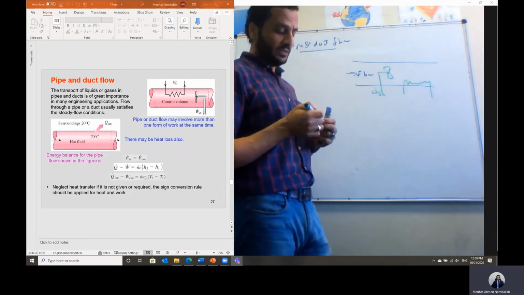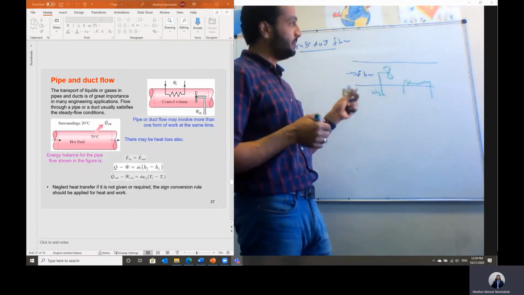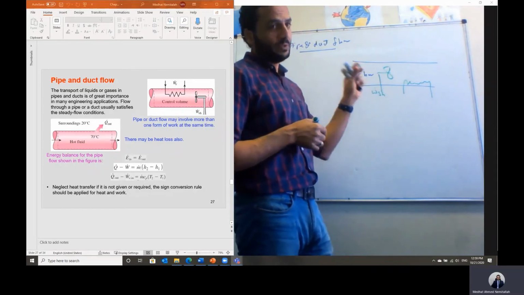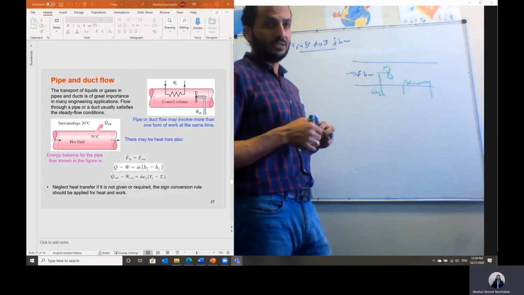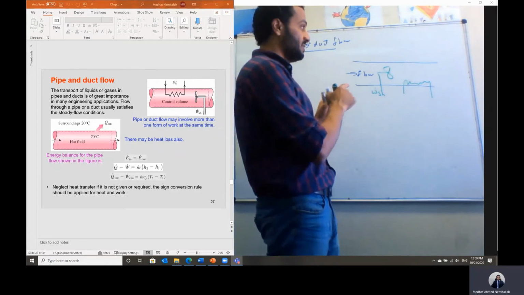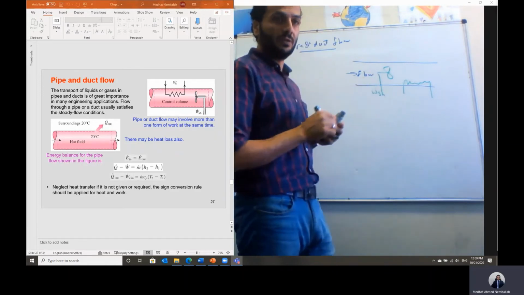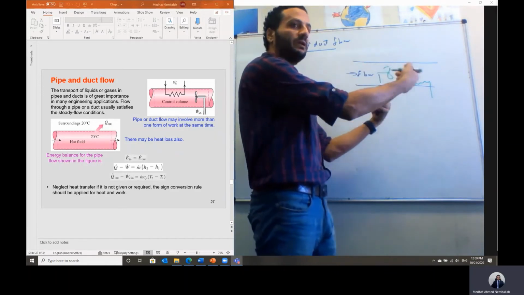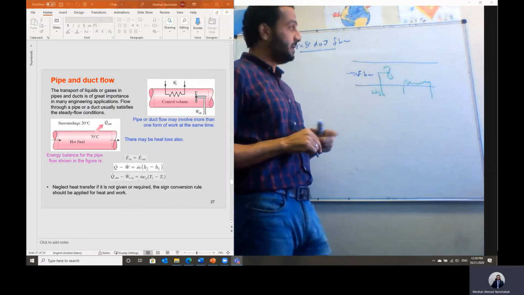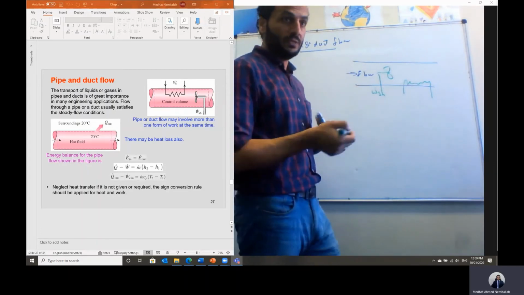So for winter in countries like Canada, the temperature gets much below 0 degrees Celsius. So to transport oil or any fluid, we have to have electric heating around this tube.